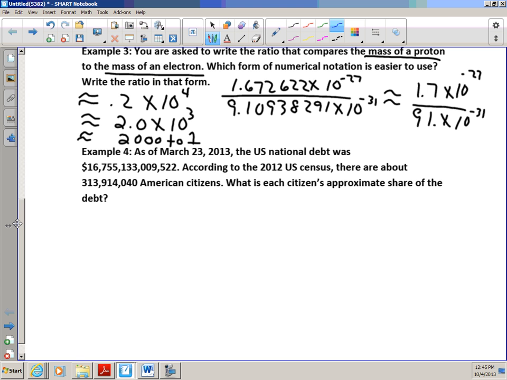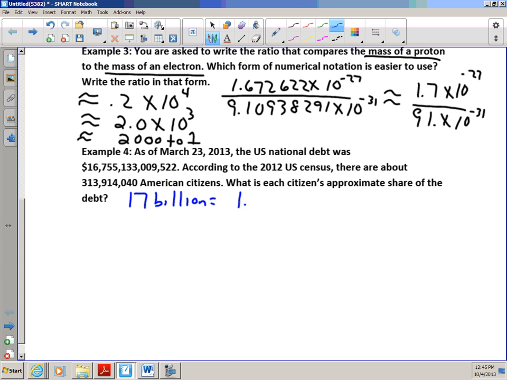Let's round, okay? Now, there's different ways we can round these numbers, but for the argument of this exercise, we're going to round this to 17 billion, okay? And how do I write that in scientific notation?